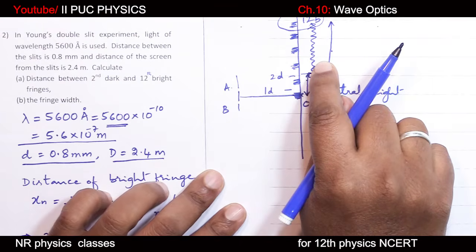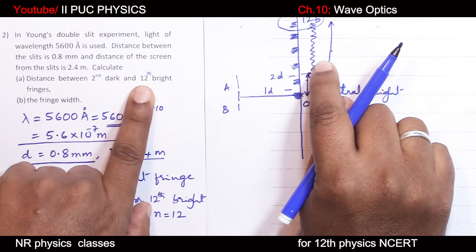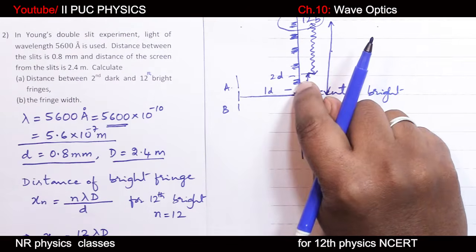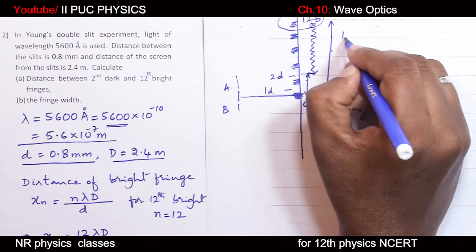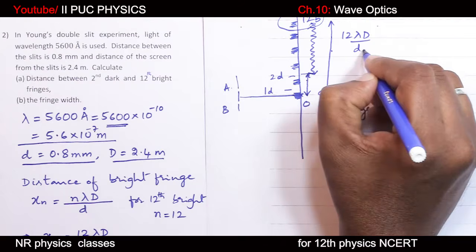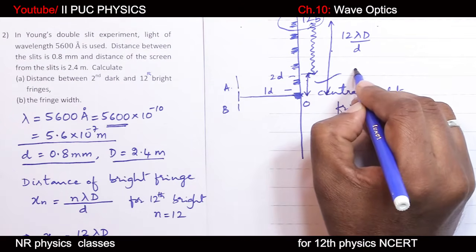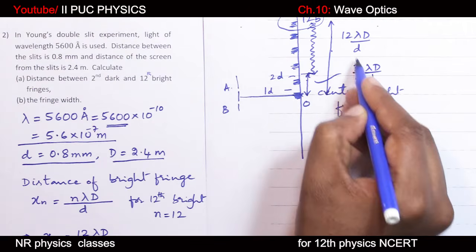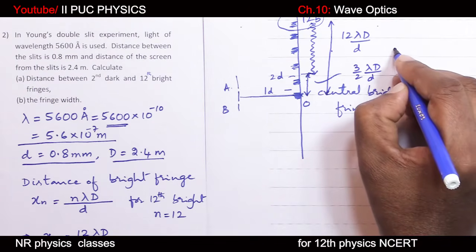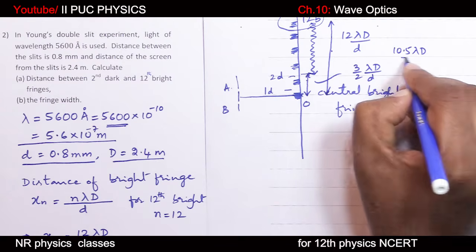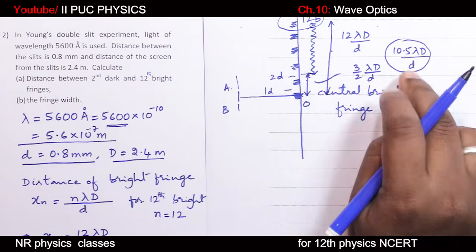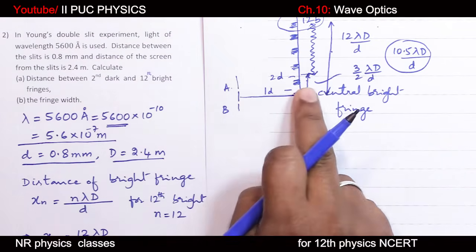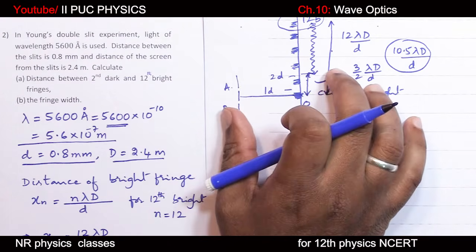So that is why we are taking the difference of the distances. This is 12 lambda capital D by small d. For second dark, we got 3 by 2 lambda capital D by small d. And the difference of these two is 10.5 lambda capital D by small d. So this is what we used when we were solving this problem. Okay. So every time try to visualize like this. It becomes very easy to understand.